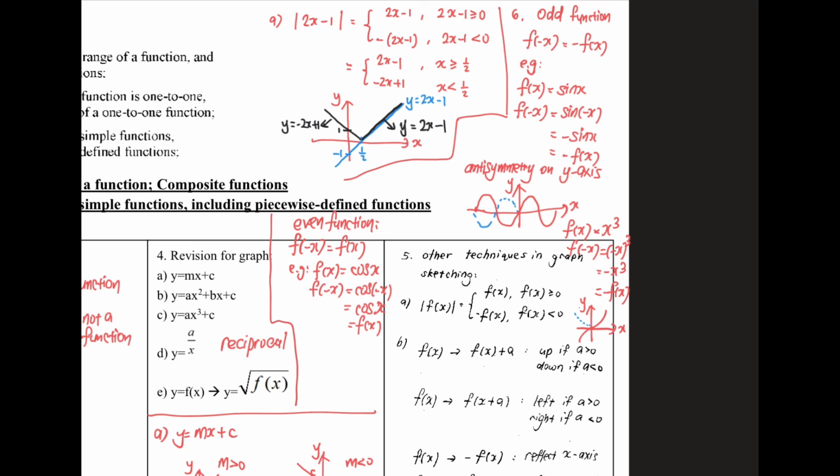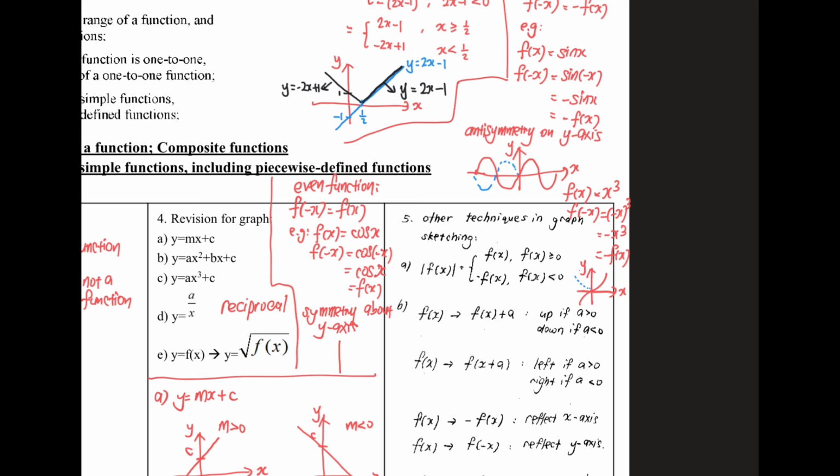So even function is symmetry about y-axis. Symmetry about y-axis. So let's look at the cos graph. So we know that the cos graph is like this. So on the left hand side of the y-axis, the graph is just like that also.